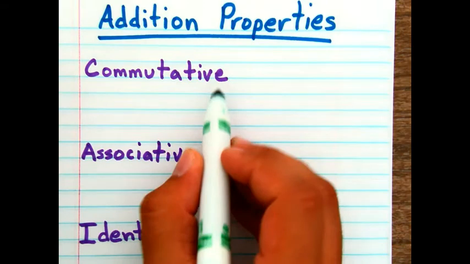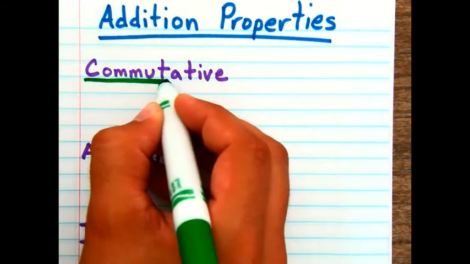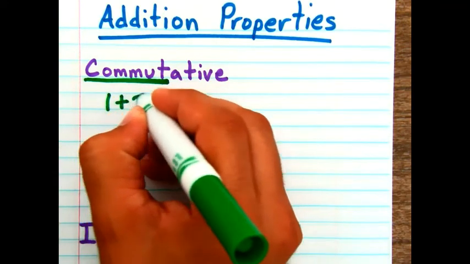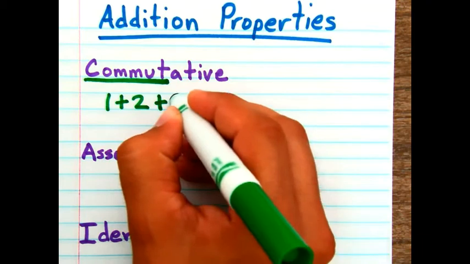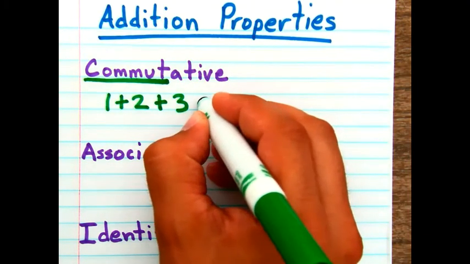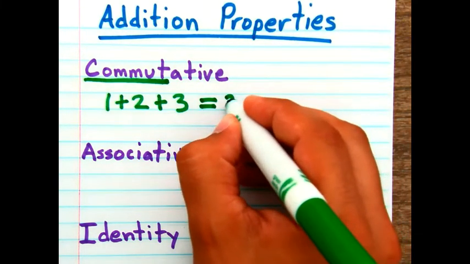Commutative. I let my students know that it's very similar to having a commute because if you add numbers in one direction, just like going to work in one direction, it is the same when you go back the other way.